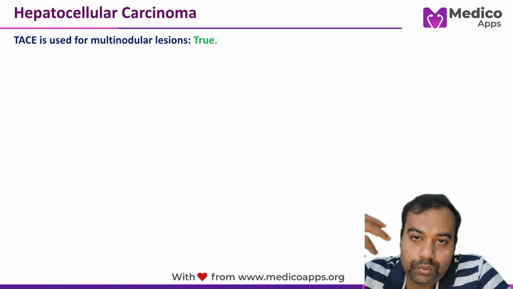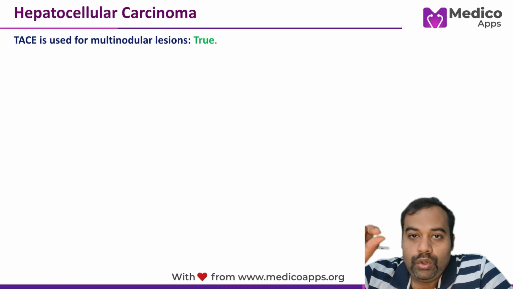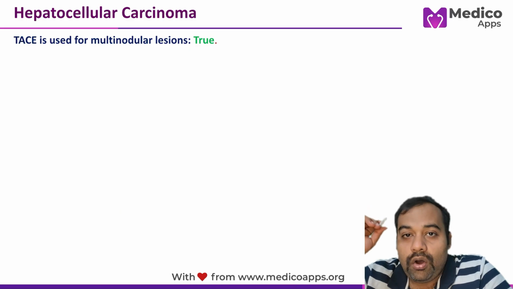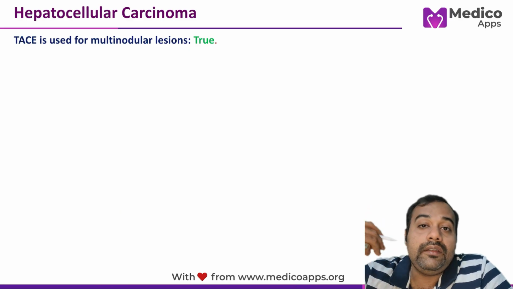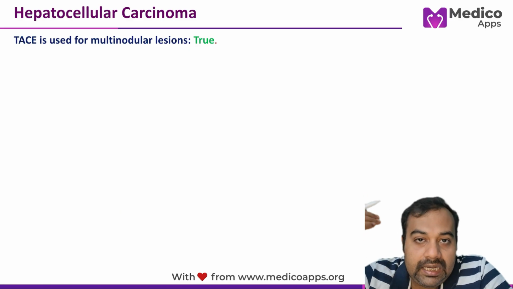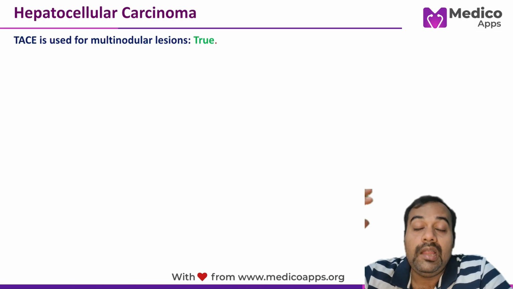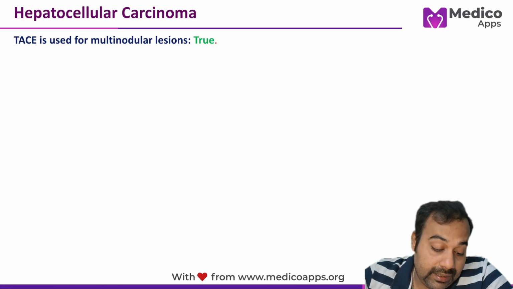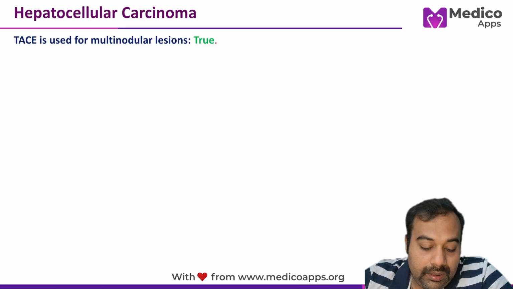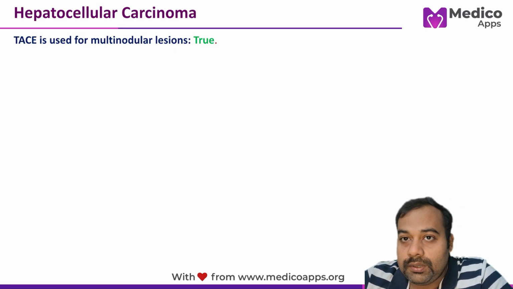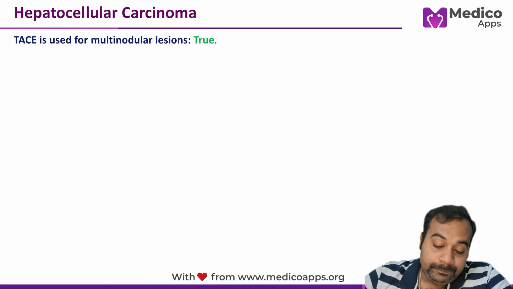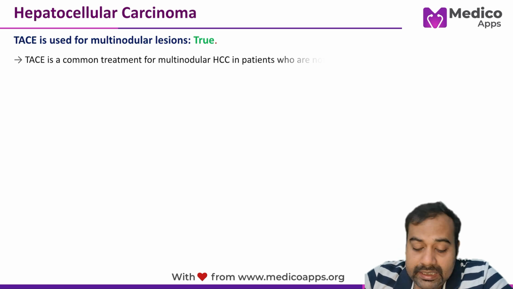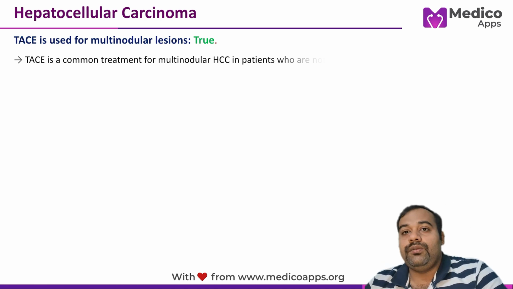And number two, the chemotherapeutic agent is directly acting on the tumor, and eventually the systemic side effect of that chemotherapy will be very, very less. So these are the two advantages that we can get, and it is typically followed in case of multinodular lesion. Okay, so it's pretty much useful for the intermediate stage of hepatocellular cancer.